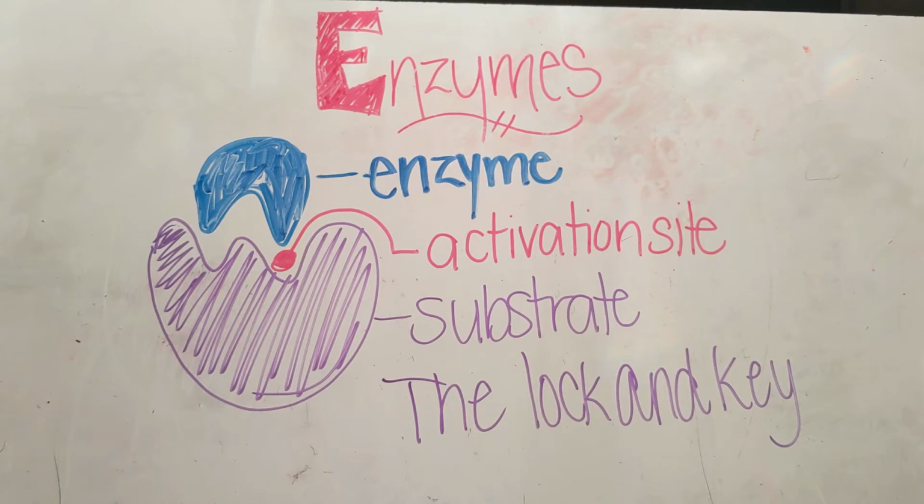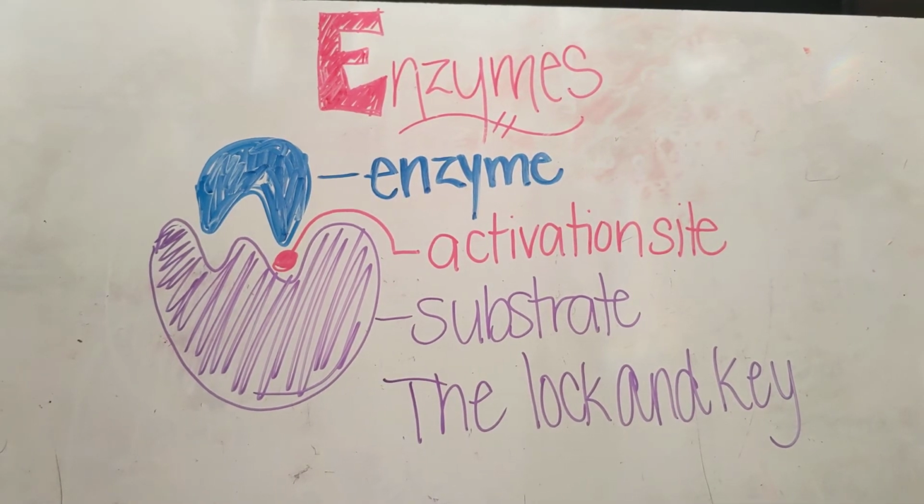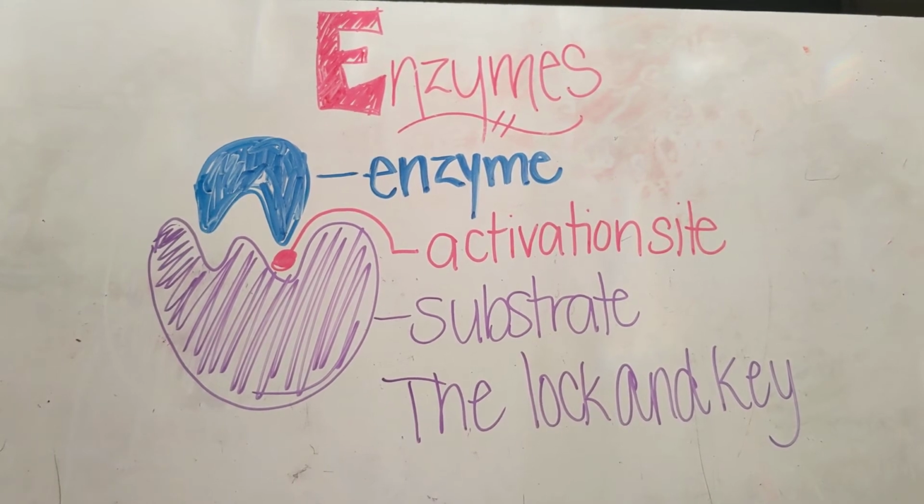Now, enzymes are also designed to be part of the digestive process. So we are going to learn a ton of different enzymes, or you've already started to learn a ton of different enzyme names that are playing a role in your body right now.